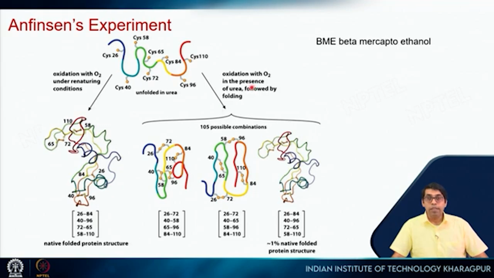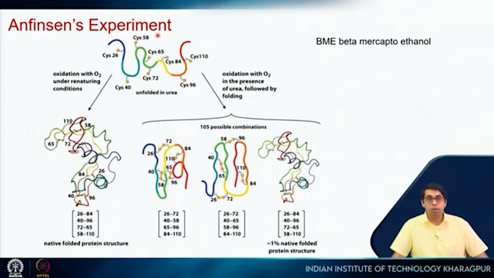But when he didn't remove urea first but oxidized the protein first, the protein was in this denatured form. So cysteines can randomly form disulfide bonds. So this 26 can form a disulfide with 58 or 40 or 72 or any of these, right?